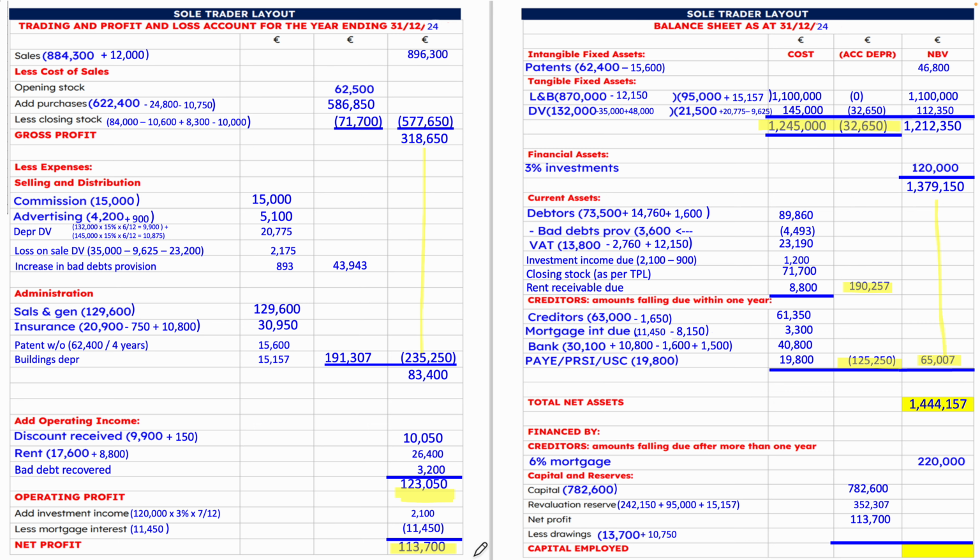I bring over my net profit here from the P&L, and then I take away my drawings from the net profit, and then I get 1,224,157, which when I add to 220,000, I get 1,444,157. And so that is then the 2025 sole trader final account complete.